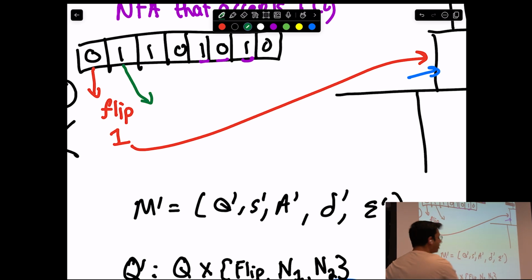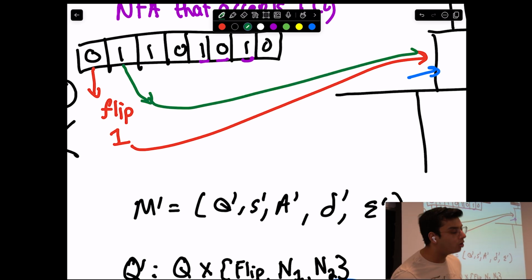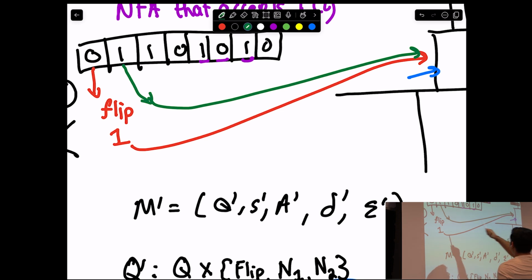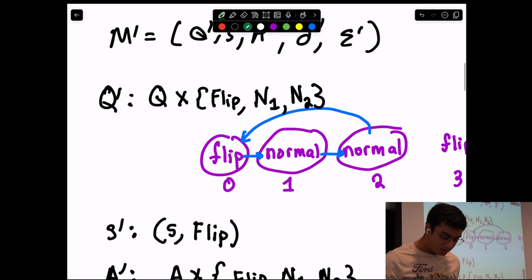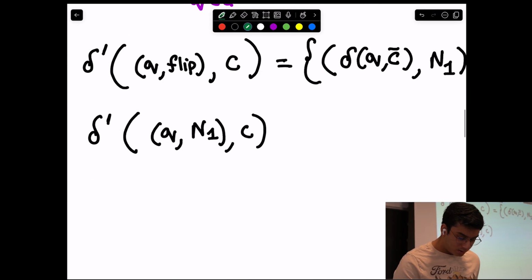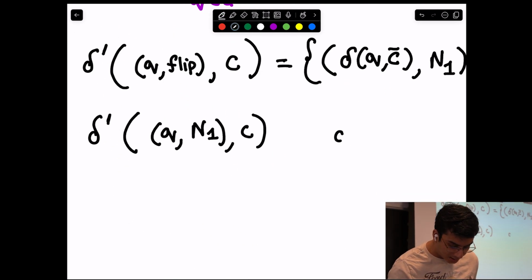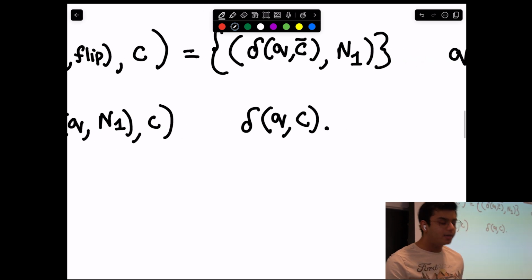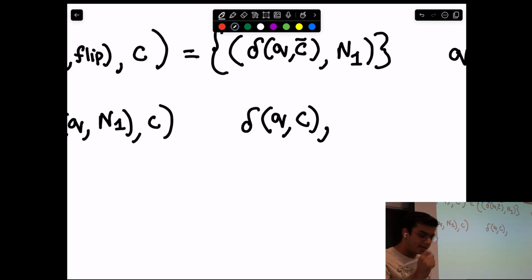So I pass in the 1 directly into the machine, but the only thing that I changed is that I'm transitioning from the normal state 1 to the normal state 2. So I pass it in, delta of Q. I pass in C directly. And internally, I update that I'm now in my second normal state.